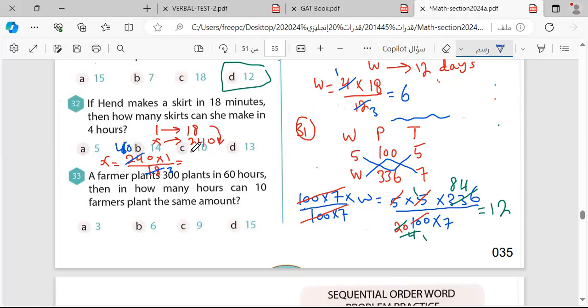So 40 divided by 3 equals 13 and something, right? So nearly or approximately 13. So the answer is 13.